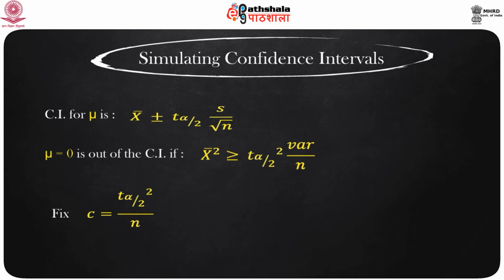Now, let us have some recapitulation of what you must have learnt during your inference course. You know that the confidence interval for mu is x bar minus t alpha by 2 into s by square root of n and x bar plus t alpha by 2 into s by square root of n. So, it is basically x bar plus minus t alpha by 2 into s by square root of n.